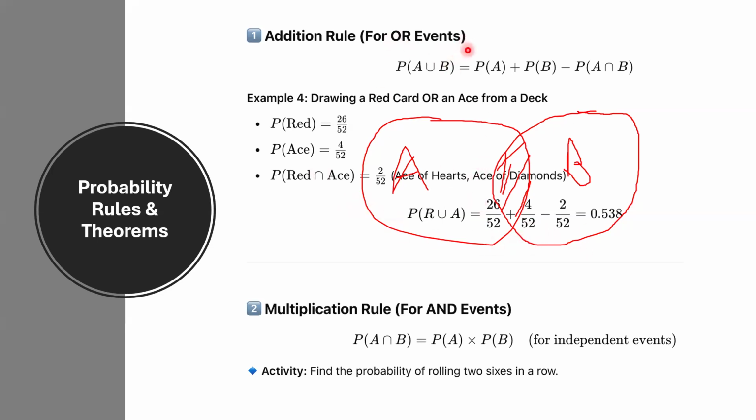What is P of A here? 26 by 52 plus P of B, that is the probability of getting an ace, 4 by 52, minus the probability of these two events happening together, because they are non-mutually exclusive events, right? So it's minus 2 by 52. The final answer that you will get is 0.538.